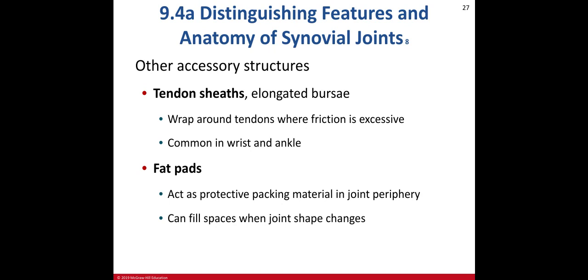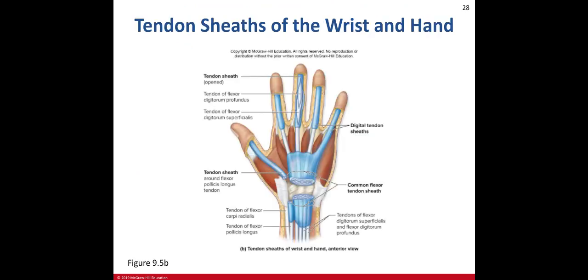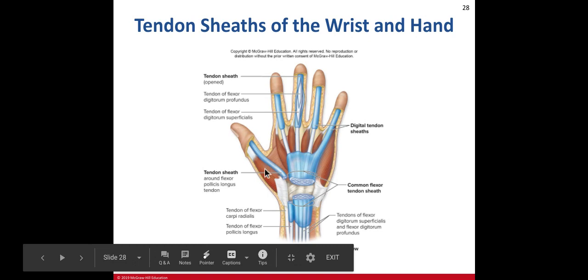You can also have fat pads that act more like a protective packing material and fill the spaces when a joint changes shape. And that's really common, again, in your hands or your feet. And you can see here, it's wrapped around the tendons.